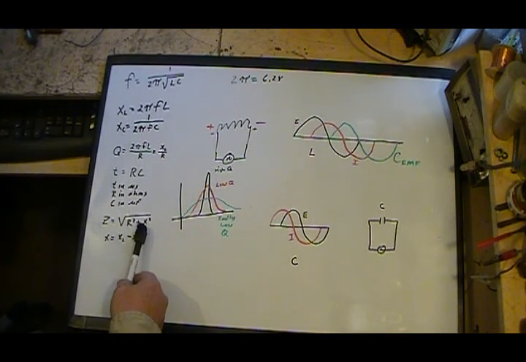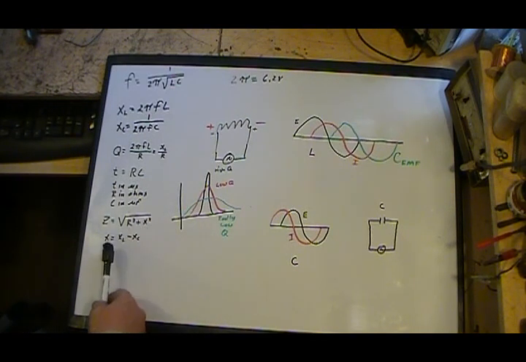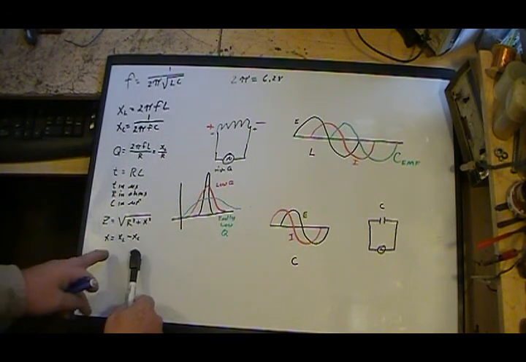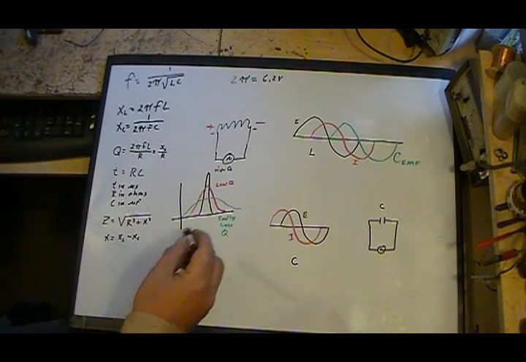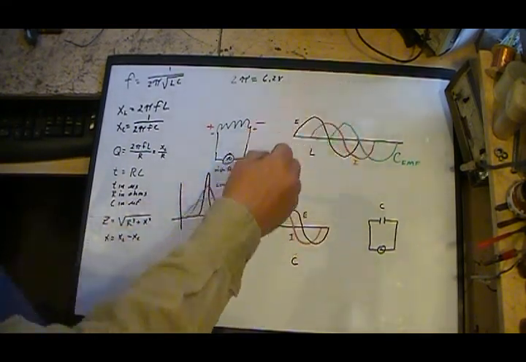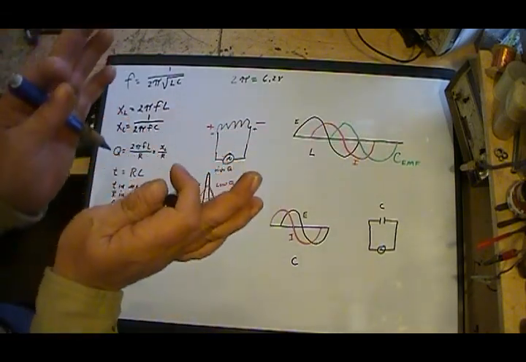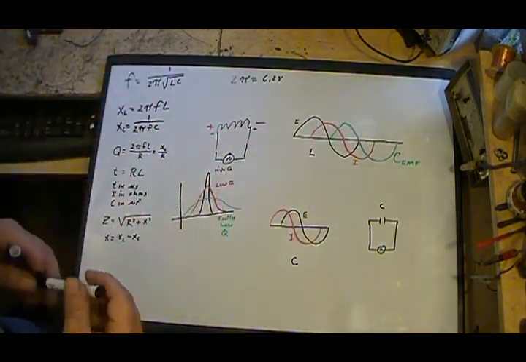If you only have one, like say R and X sub L, then this will be X sub L. If you only have C, it'll be X sub C. If you have both, then this equals this: the total reactance is X sub L minus X sub C. And the reason X sub C is subtracted from X sub L comes back to how they react with each other when they're together.